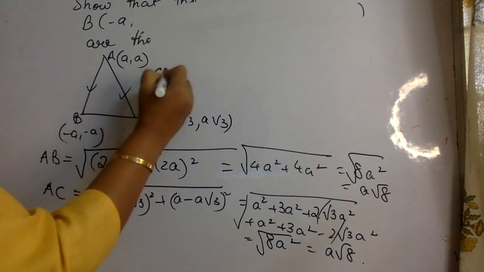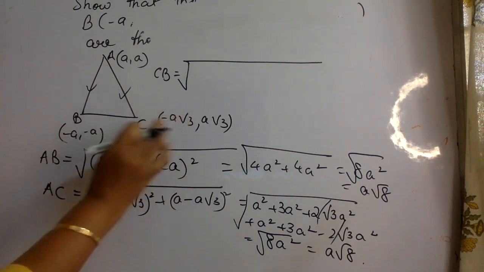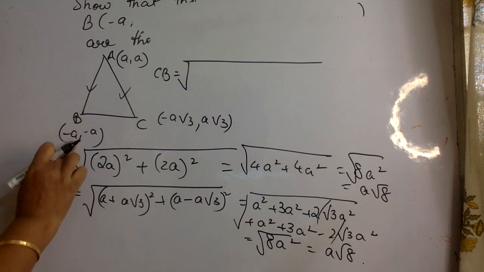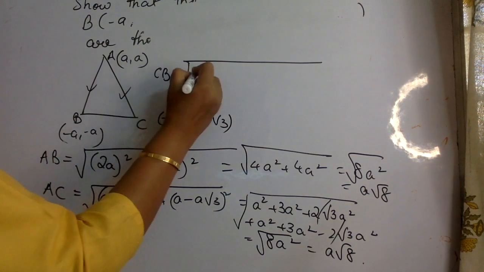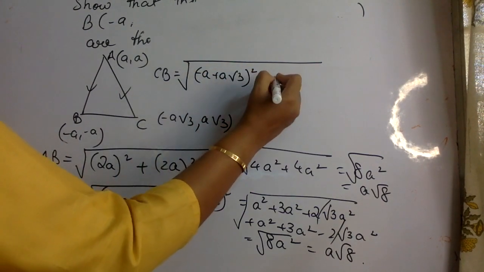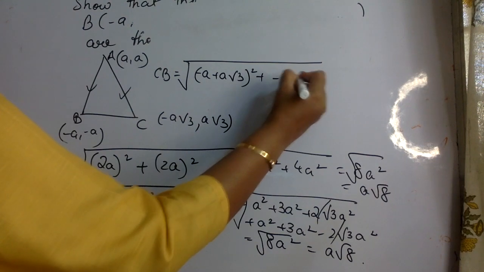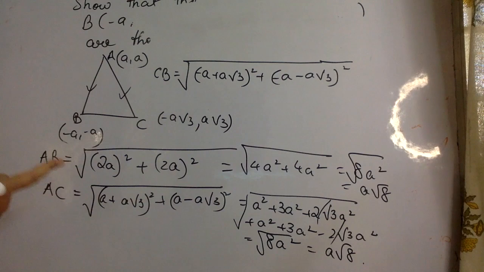The length of CB is equal to, now what is the length of CB? It is minus a minus this, so it is (minus a plus a root 3) whole square plus (minus a root 3) whole square.